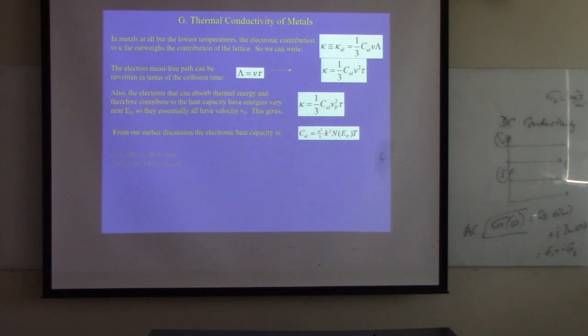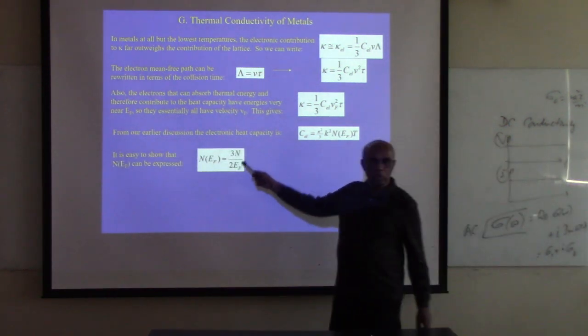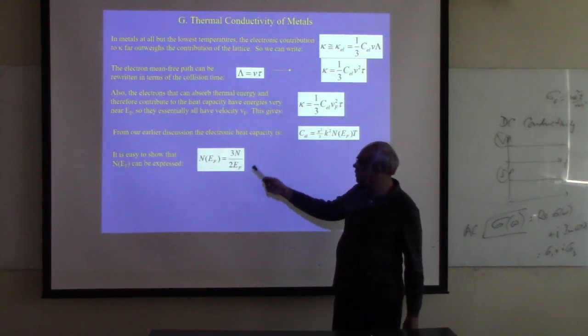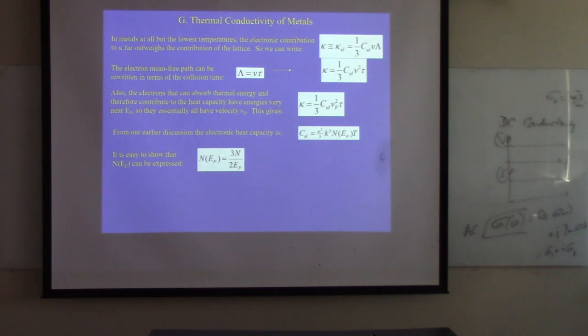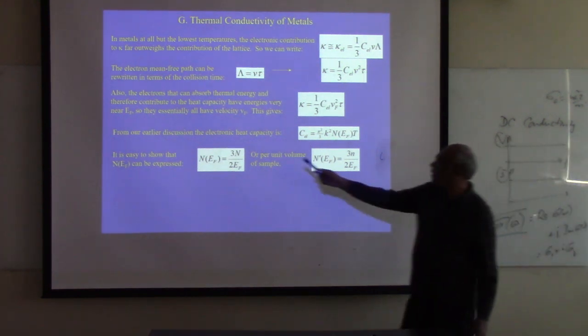So you can easily show N(EF) as 3N over 2EF. I think everybody did that one, right? Now if you plug in this one, you can easily show. So just calculate for 1 mole. That means N is for 1 mole.